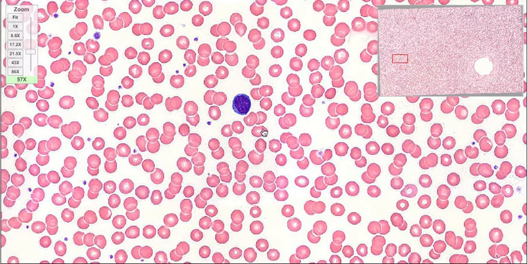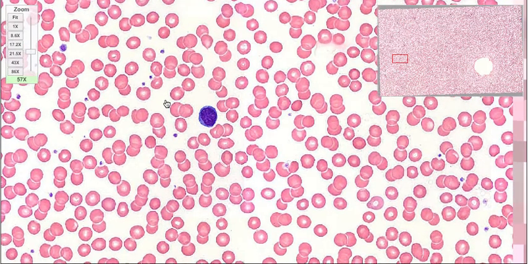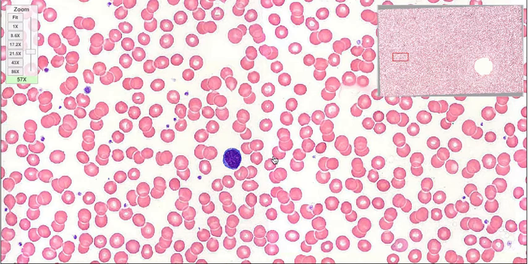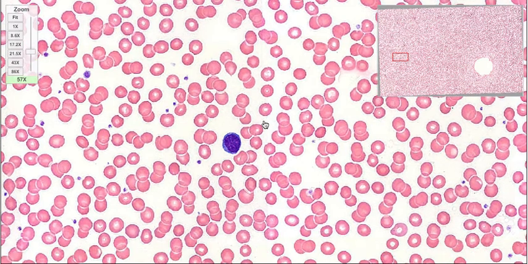I'll show you a monocyte soon, but essentially the monocyte usually has this curve in the nucleus and stains a little bit differently. They're the same size, but lymphocytes, obviously from the lymph fluid, you'll always find within the lymphatic system, but sometimes you'll find them as a component of the blood.